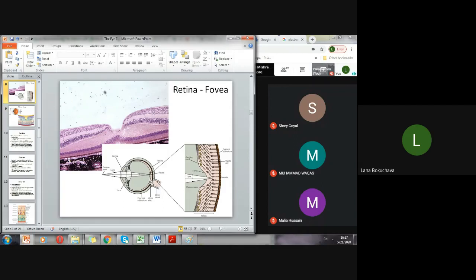Because in this case, we have only the optic nerve which is originating from the optic disc. So in case of the optic disc, we simply do have the axons which are collecting together, and as a result, producing the optic nerve. So literally here, we do not have the parts of the rods and cones, and as a result, this region is simply the part of the blind spot.